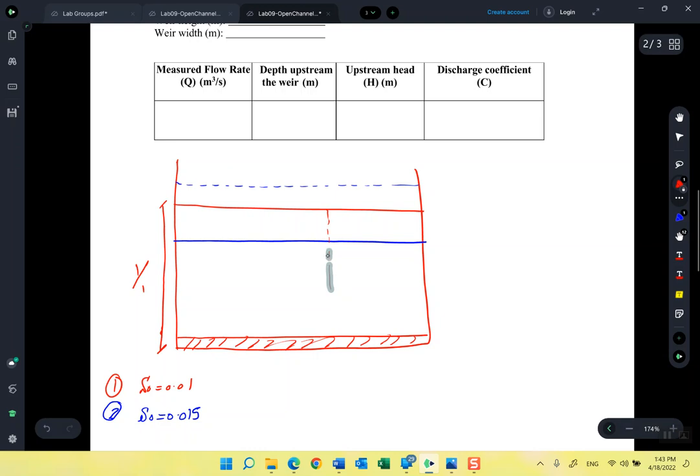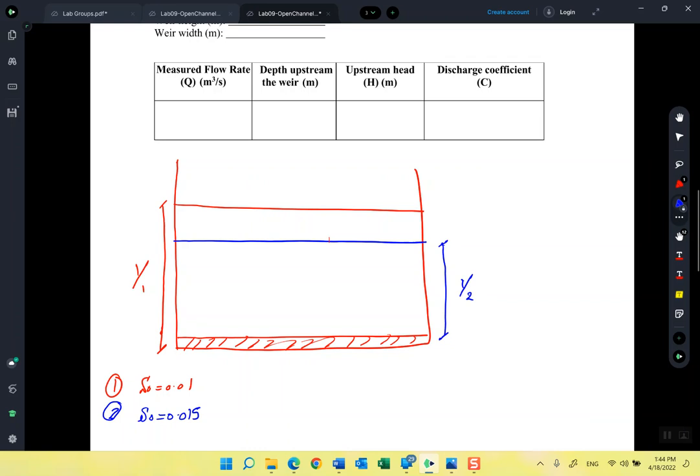So the only thing left is that the cross-sectional area will be reduced by reducing the water depth. So this will be the water depth in the second scenario. Any questions up to this point? This is the easy part.